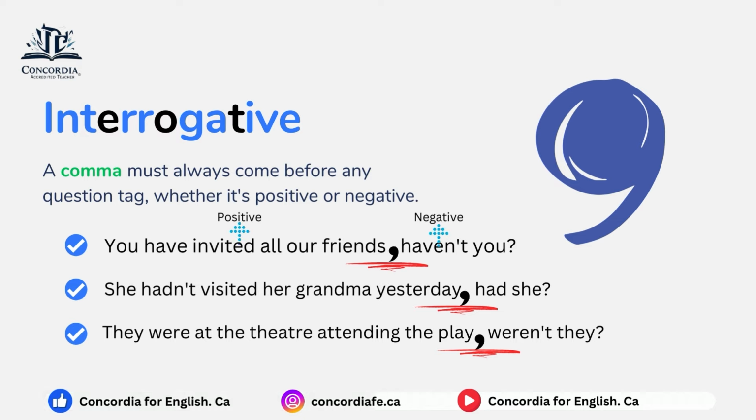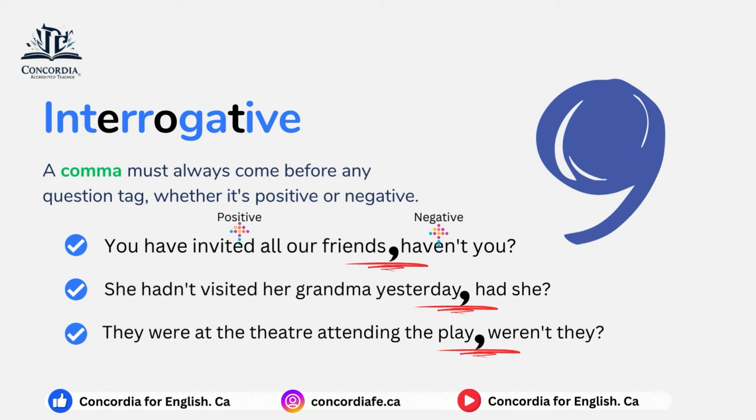The second example, "She hadn't visited her grandma yesterday, comma, had she." Well, as you see, you have a negative statement, comma, and you must use a positive question tag. Why? Because the statement is negative, right?